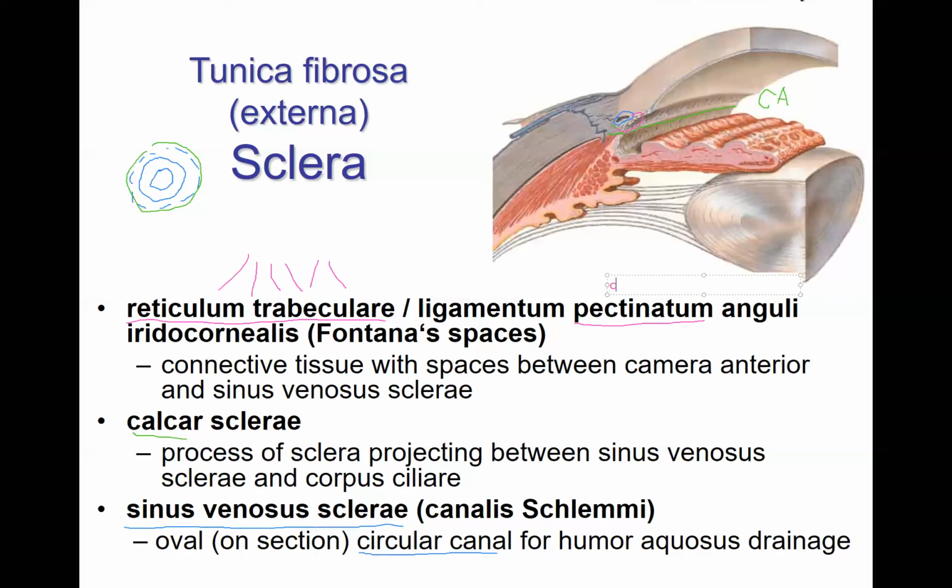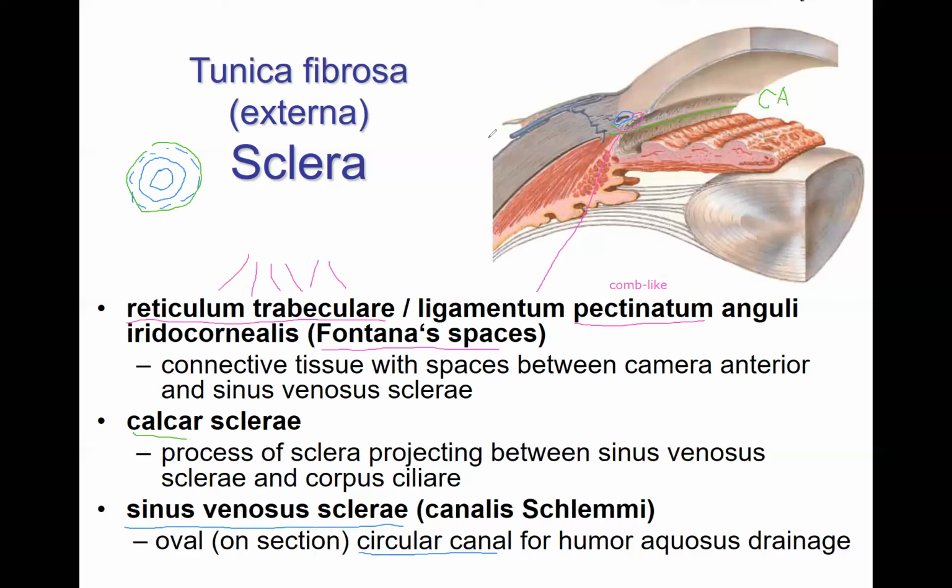So it's a comb-like structure. If you like to comb your hair, you have the comb-like structure. It's called ligamentum pectinatum, pectinate ligament. And the spaces in between are called Fontana's spaces. So you have 3 synonyms for the whole structure which is visible here. Again, it's called trabecular reticulum or pectinate ligament or Fontana spaces.